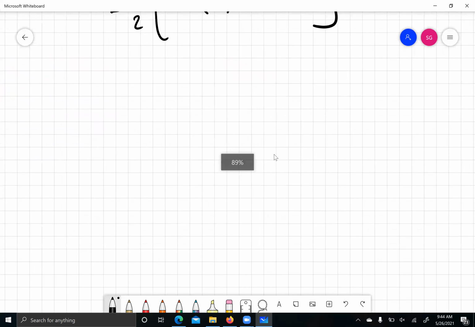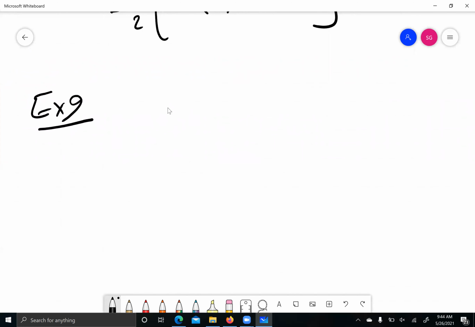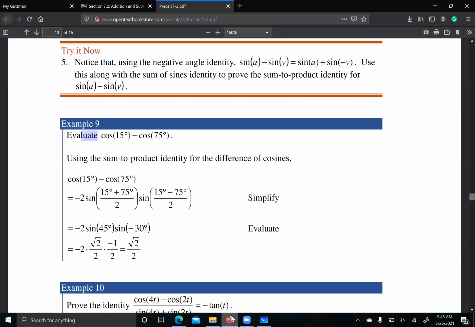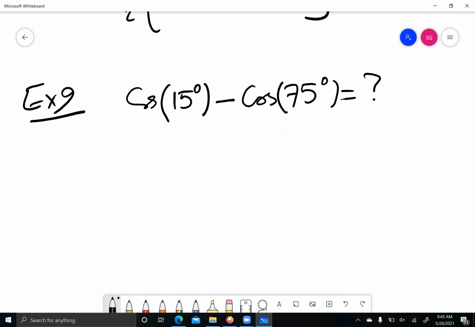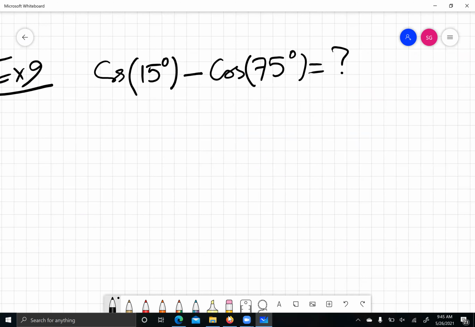The question says evaluate cosine of 15 degrees minus cosine of 75. That's the question. Evaluate this difference.